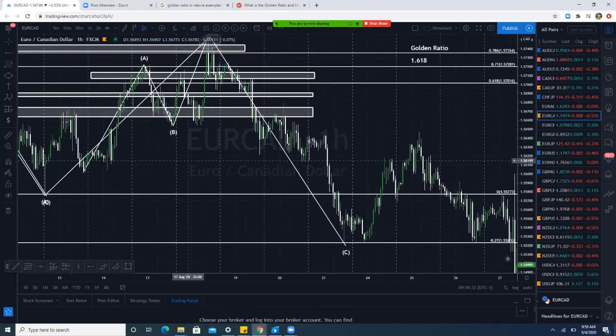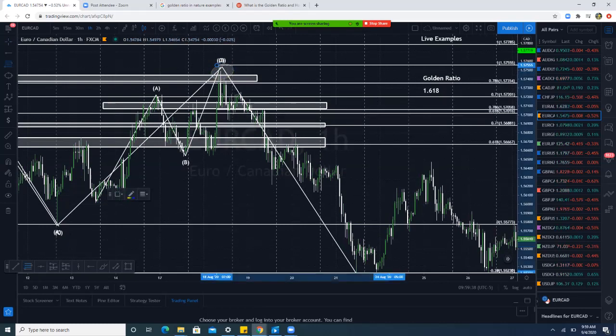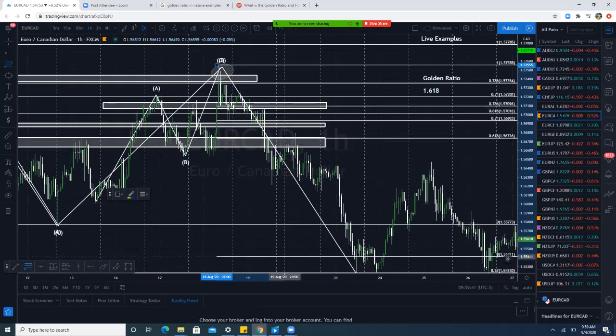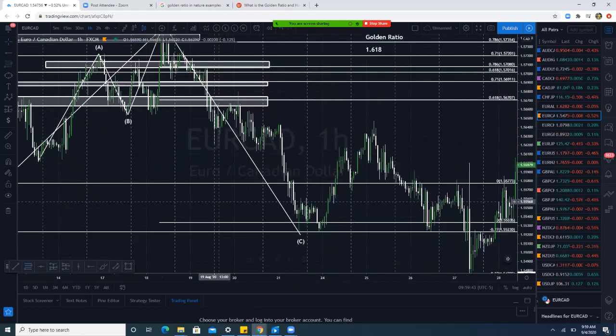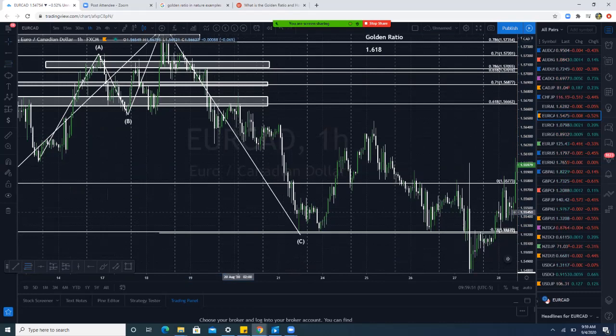So let's look here. If I take the Fibonacci from here to this extension, which is the next swing, and don't worry about understanding this. This is just making you aware of how the charts line up. You want to see the bigger picture.